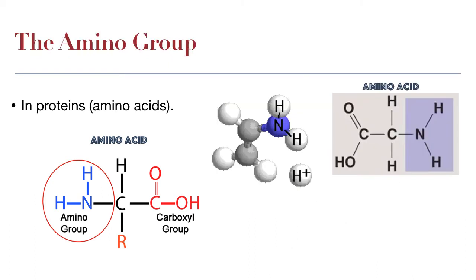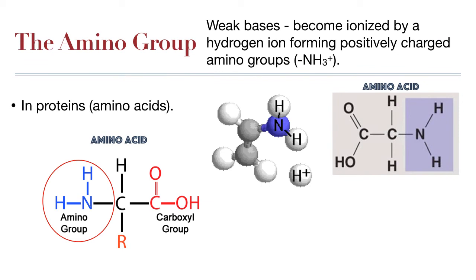An amino acid is both an acid and a base, but it's the amino group that makes it basic. So the amino group is a weak base. In water, the amino group will pick up a proton, an extra hydrogen from solution, which will then increase the pH of the solution, and the amino group will essentially become charged in the process.